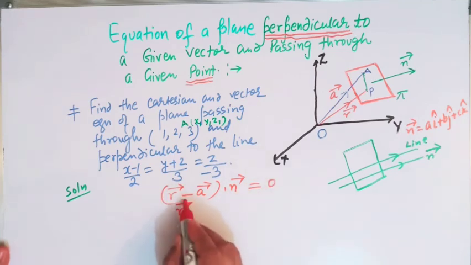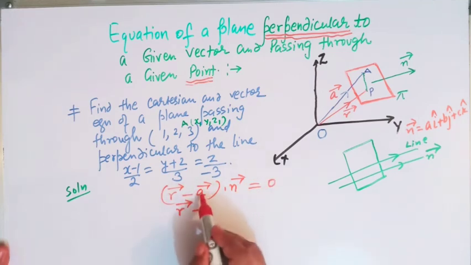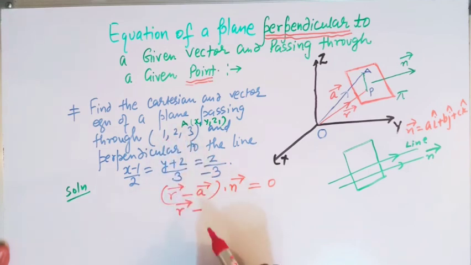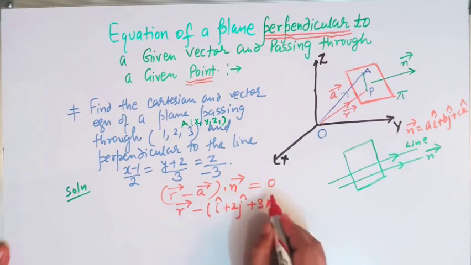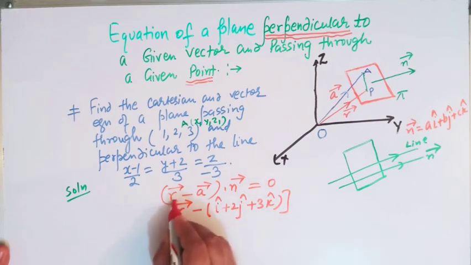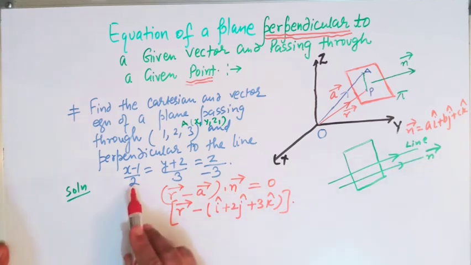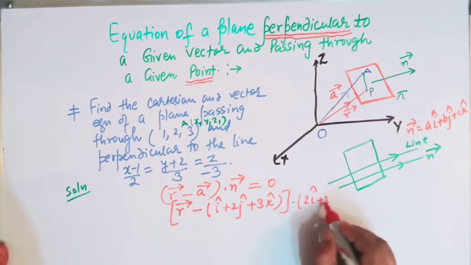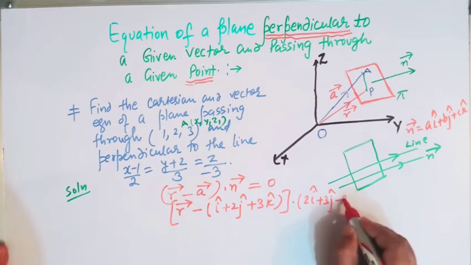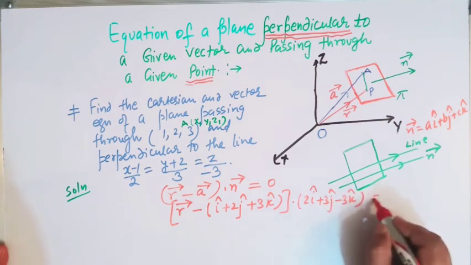So here we have vector r minus vector a, given by this point, so we have i cap plus 2j cap plus 3k cap, and here we have to take the dot product with vector n, and vector n can be written as 2i cap plus 3j cap minus 3k cap equal to 0.